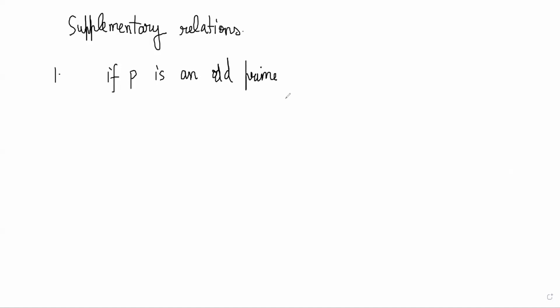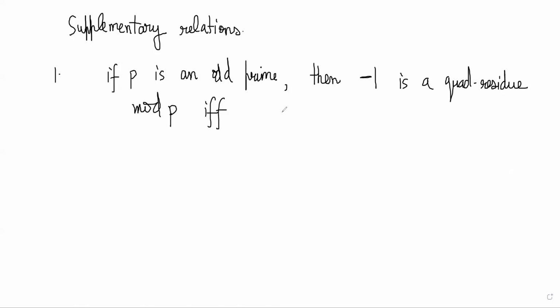You should check it out and see whether these work. So we are saying, if P is an odd prime, then -1, we have already seen this one, -1 is a quadratic residue mod P if and only if P ≡ 1 mod 4.